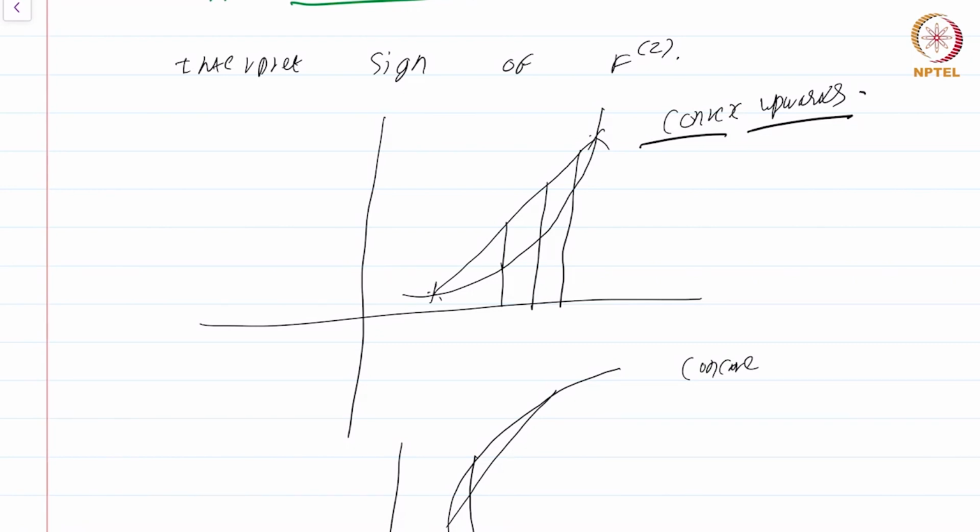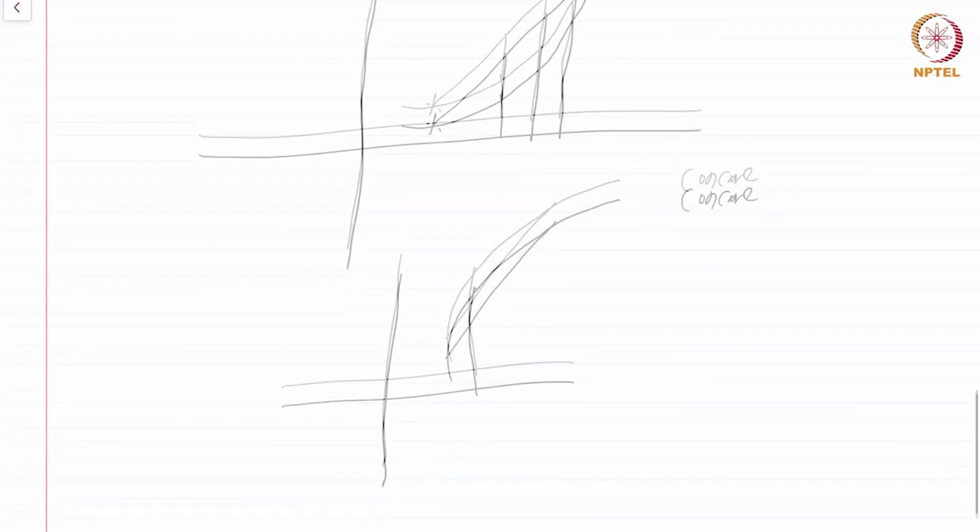A surface that is concave, if you look at it from the opposite direction, will become convex, and vice versa. So these notions are not defined independent of how the observer is looking. So it's better to always write convex upwards. Let's define this formally.